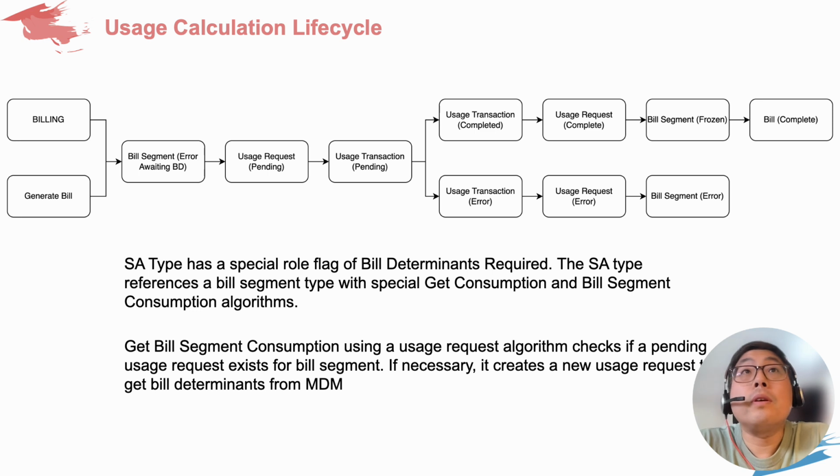Okay, so over here I have tried to put down a very simple life cycle of what is happening during a usage calculation. From the very beginning, the trigger could either be the billing batch job, which I think many of you probably already know.